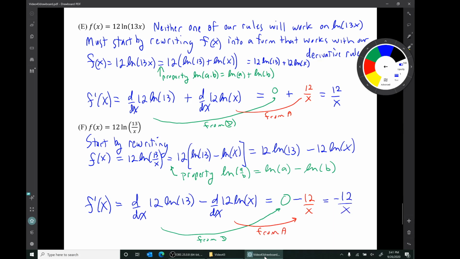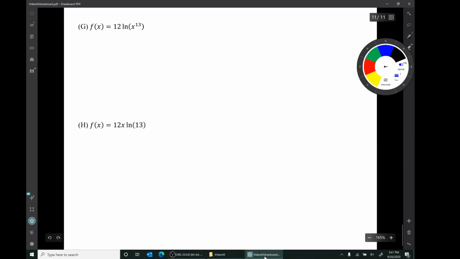We have two more short examples. Question G, find the derivative of this function. f of x is 12 ln of x to the 13. Well, again, notice that the thing inside the logarithm is not just x, so we have to rewrite the function.